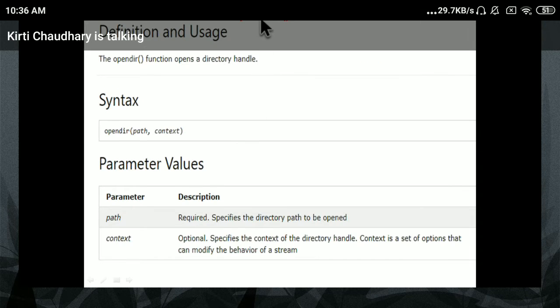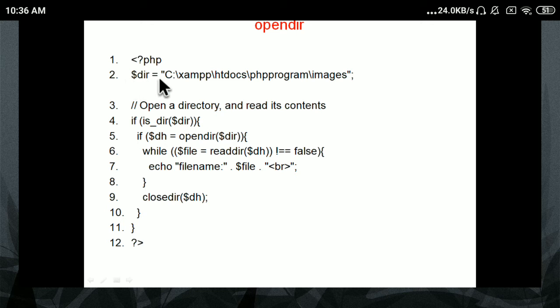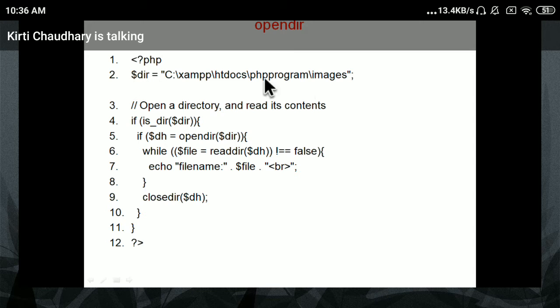Next function is opendir. We can use this function to open the directory. You can specify the path and then you can find whether the file is available or not.